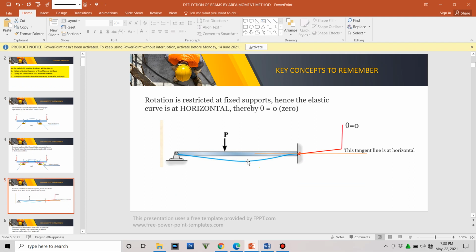That is why, pag gumawa tayo ng tangent line, considering our elastic curve, dito sa bandang fixed support, horizontal yan. Meaning, the rotation here is equal to 0. So, we have 0 rotation. So, horizontal yung tangent line mo dun sa elastic curve on the fixed connection.